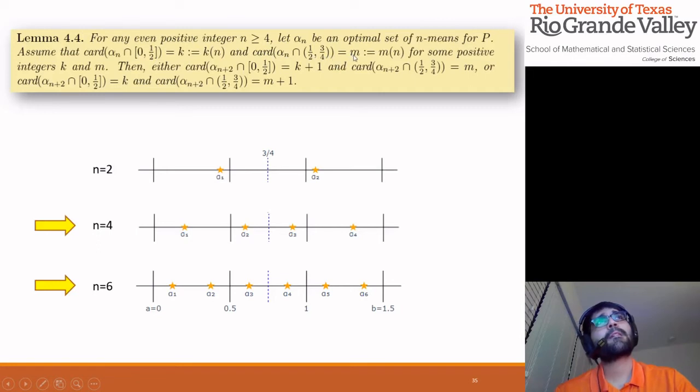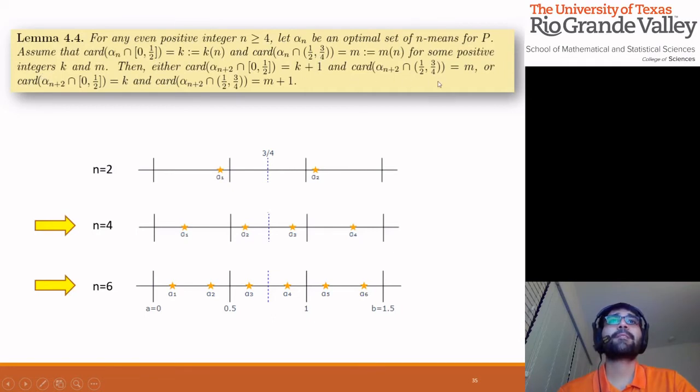Like in the value of fm. So for example, I'm considering here even integers for n greater than or equal to 4, so we don't expect to have any quantizer at 3/4.